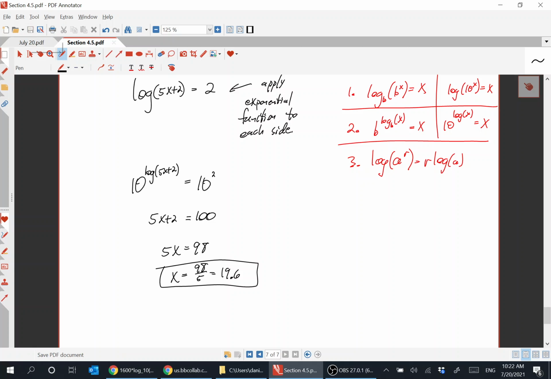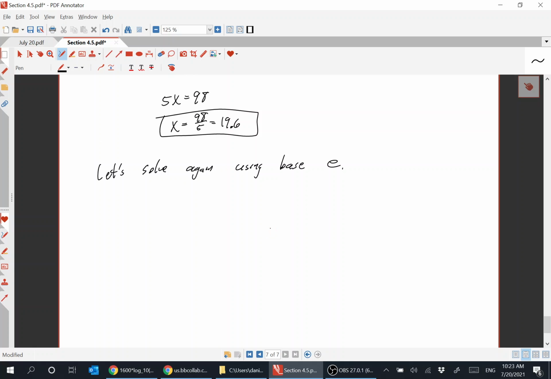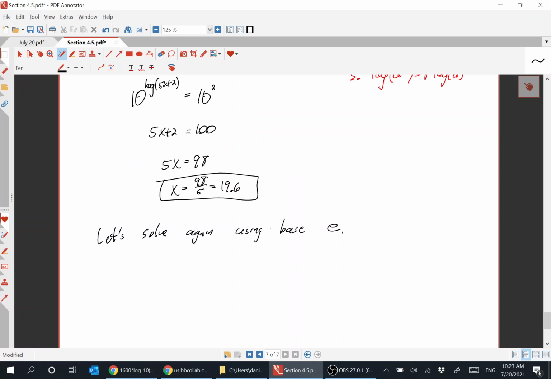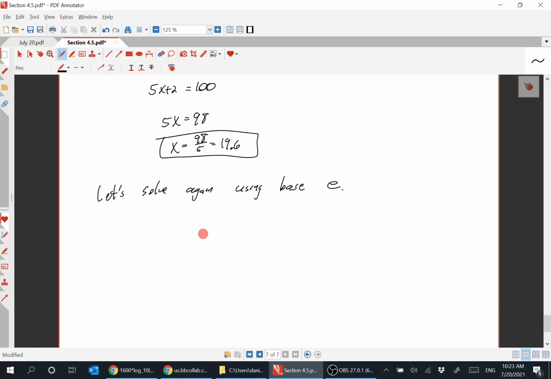All right, so that's using the base 10. Let's try a different base. Let's solve again using base e. Okay, doesn't matter which base you use, but let's do it with base e. So log of 5x plus 2 is equal to 2.